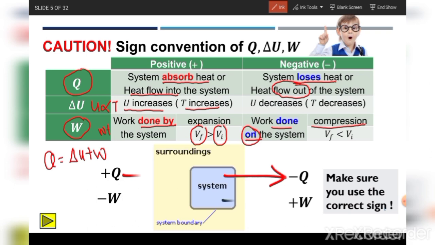Compression means volume final is less than volume initial. Before you solve the questions for this topic, you must make sure that you use the correct sign.